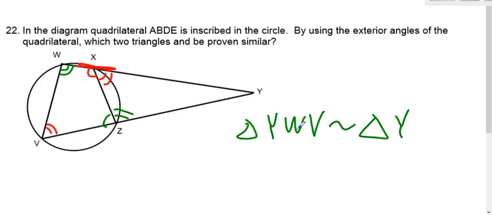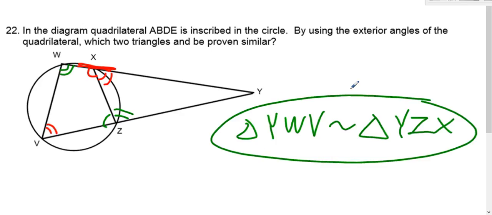Next, we went to angle W, which corresponds down here with this angle at Z. So Z needs to be second. And then last, we ended with V, which corresponds with this angle over here at X. Make sure you name them in corresponding order.